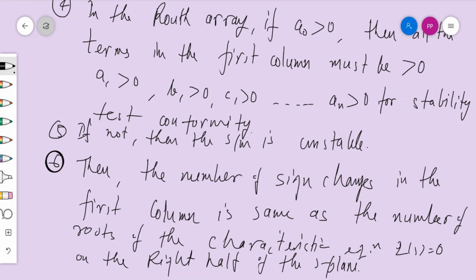So this is how we determine the stability of a system.